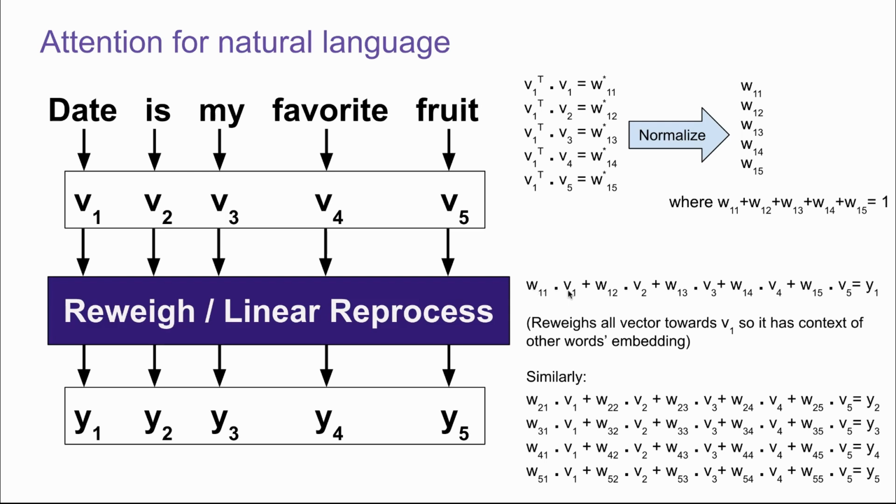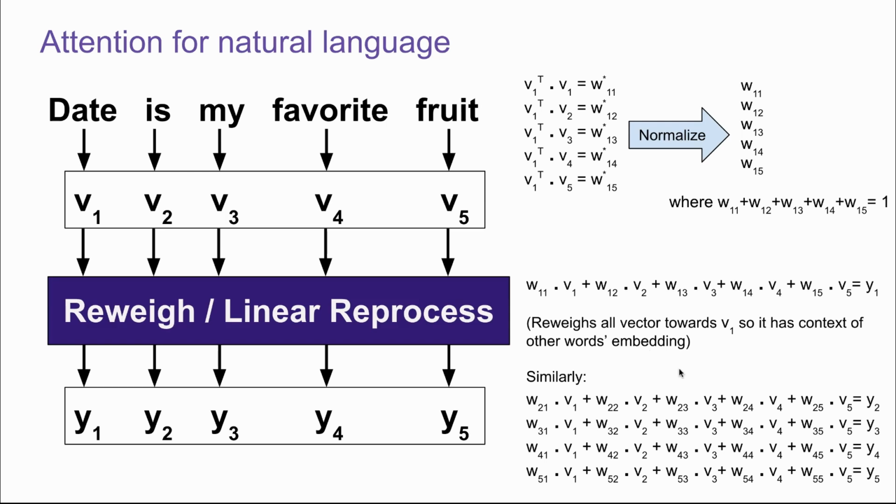So w11 is a real value and v1 is a vector, so w11 multiplies v1, and then the same with v5, and we have a new vector. This is a linearly reweighed y1. So we reweigh all vectors towards v1, so it has the context of the other word embeddings.